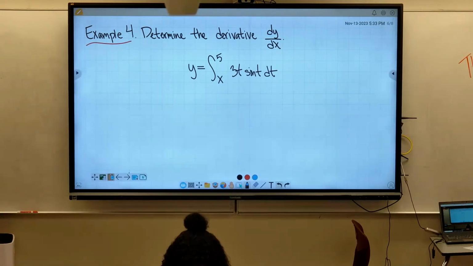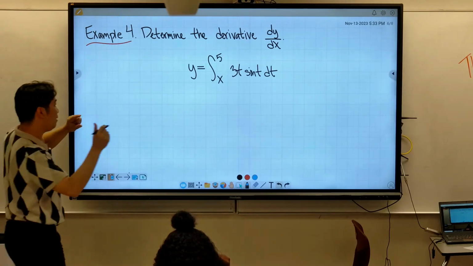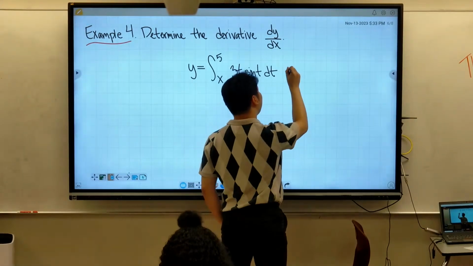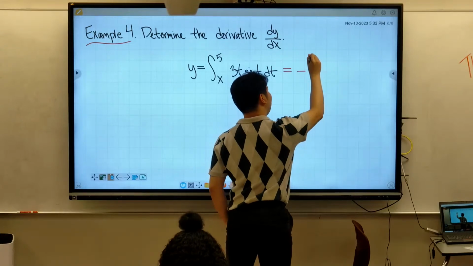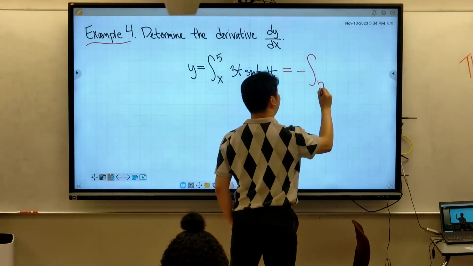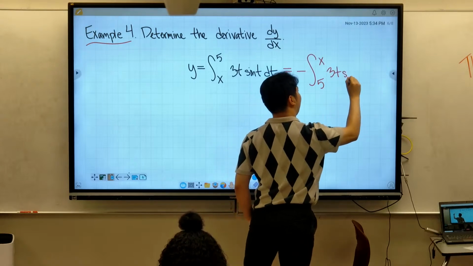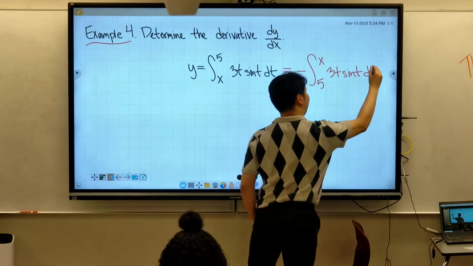The good news is that this is actually a quick fix. Remember that I'm allowed to swap my upper and lower bounds if I just negate the entire integral. In other words, this is equivalent to writing negative integral from 5 to x of 3t sine of t dt.